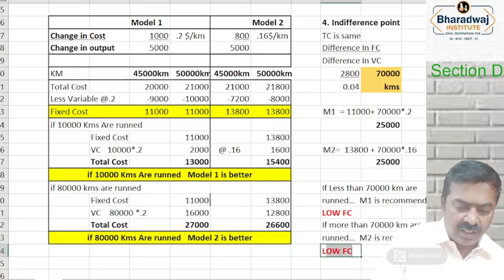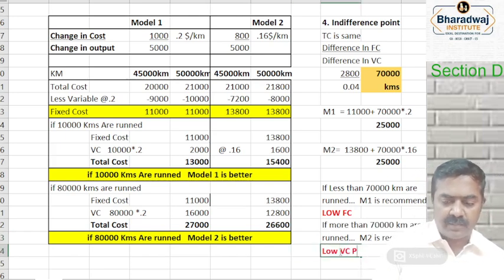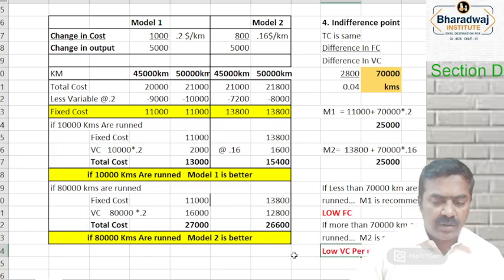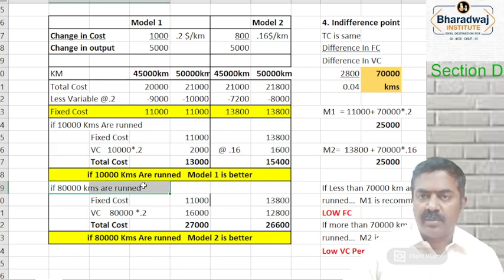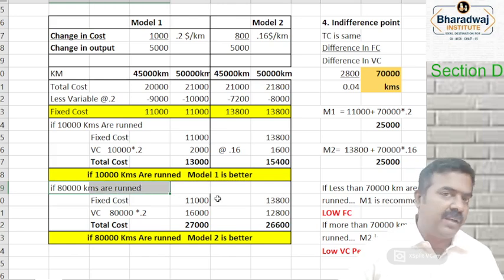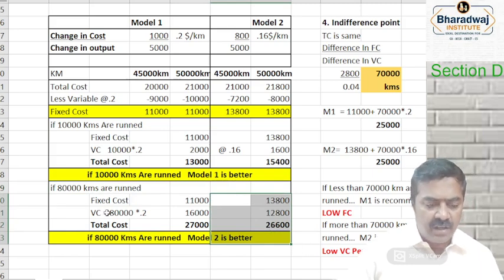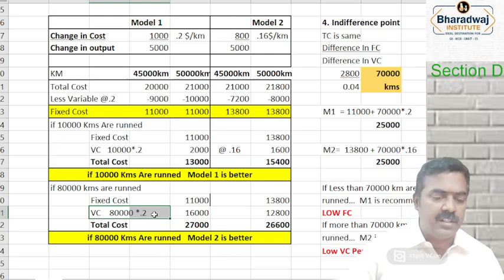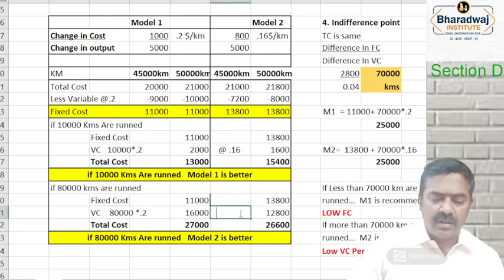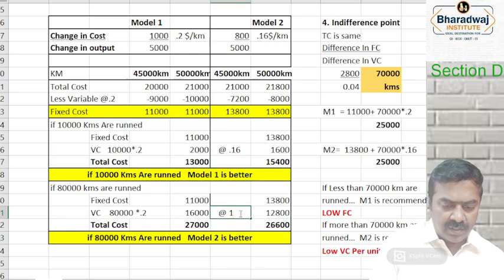Why? Because it has a low variable cost per unit. You can check this. If 80,000 kilometers are run, model 2 has a lower total cost. Why? Because for every kilometer, here we spend 0.2, here we spend only 0.16.